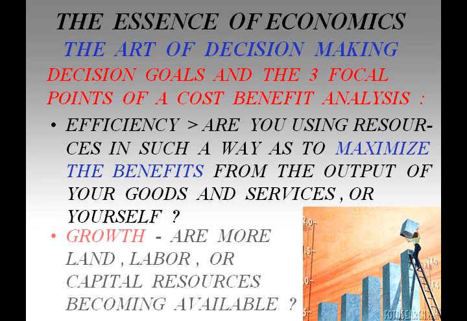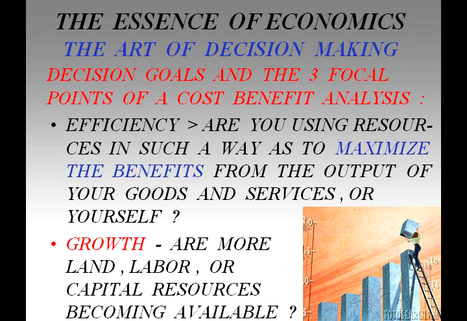A second goal for decision making is to try to ensure that growth is occurring. And what we mean by growth is, are more land, labor, or capital resources, the factors of production, becoming available as a result of the decision.